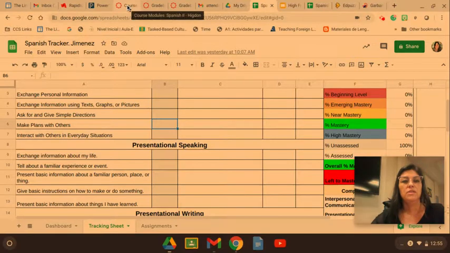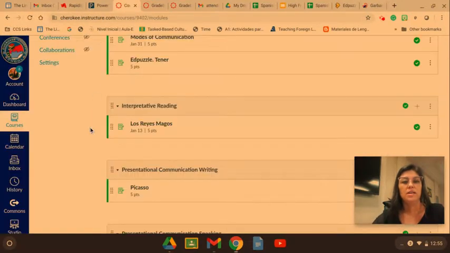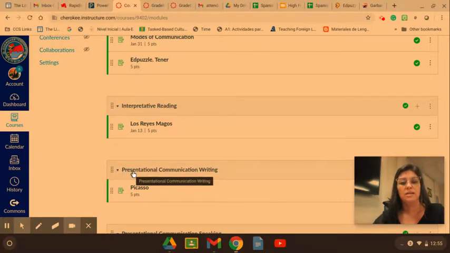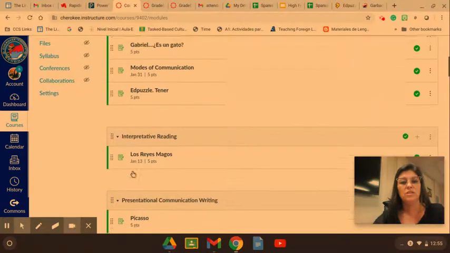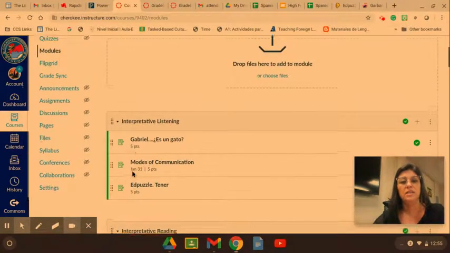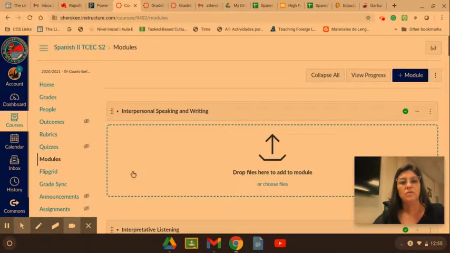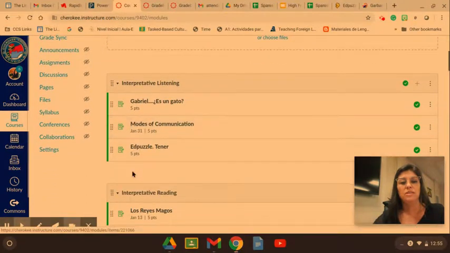If you notice, when I am creating the assignments, I'm categorizing them the same way the tracker is. Presentational communication, interpretative reading, etc. So you know where to find your assignments and what type of assignment it is.